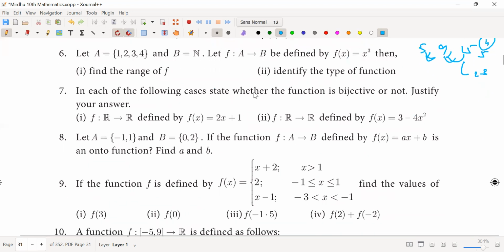In each of the following cases, state whether the function is bijective or not. Justify your answer. Not bijective. Why?